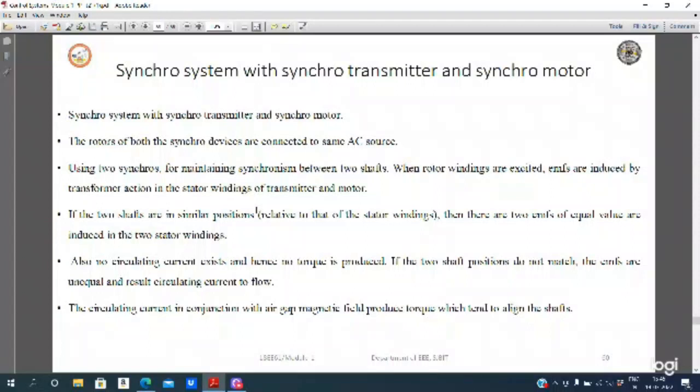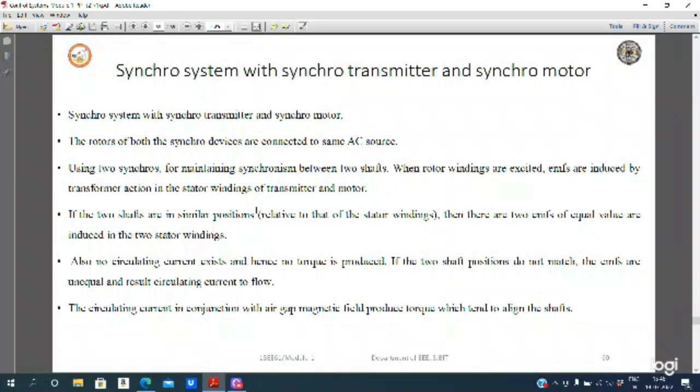Then the synchro system with synchro transmitter and synchro motor. The rotors of both the synchro devices are connected to the same AC source, that is the receiver as well as the transmitter. Both are connected to the same source, using two synchros for maintaining synchronism between two shafts.